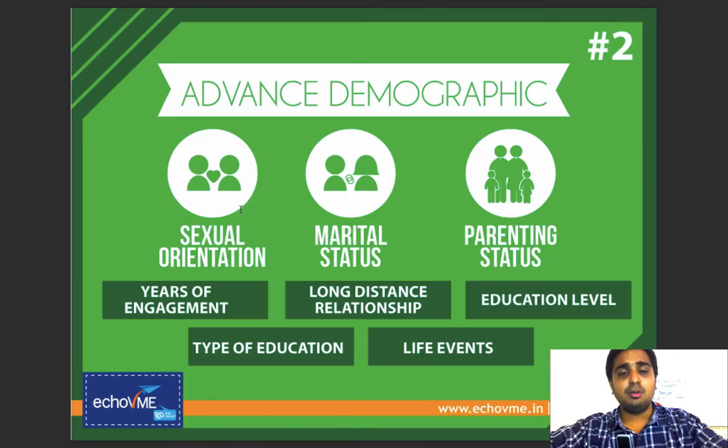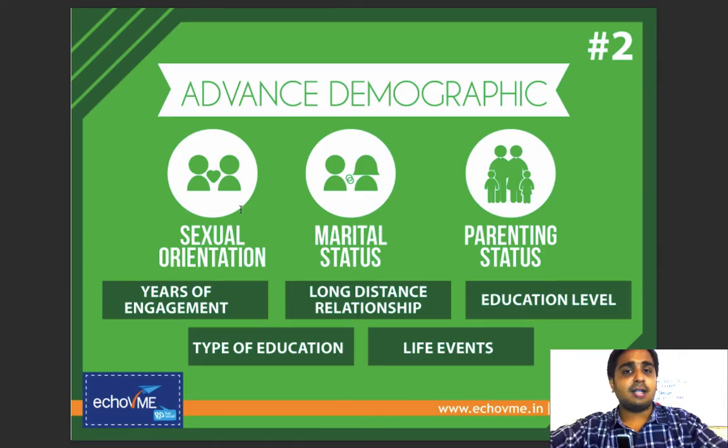For example, when you create a Facebook account, you tell Facebook if you're married or not married. When you are on Facebook, you are also adding status updates where you say you are going to become a dad or you're going to become parents. You are basically updating every single piece of data out there, and this data which you update on Facebook is available for marketers to actually target.